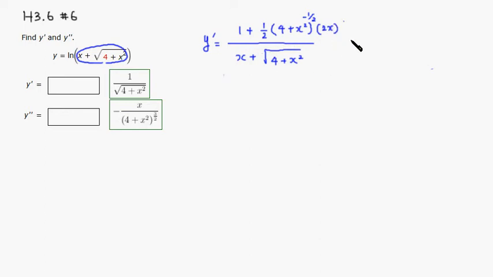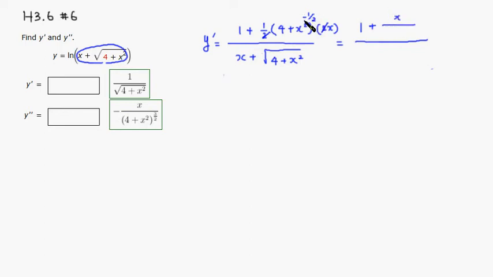So clean it up. You will see that the 2 on top and the 2 on the bottom cancel out, and you can write it as a fraction, say x over, right?